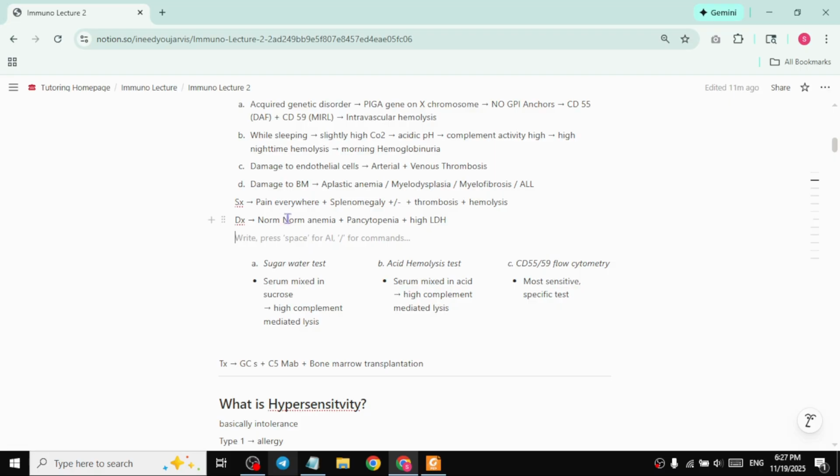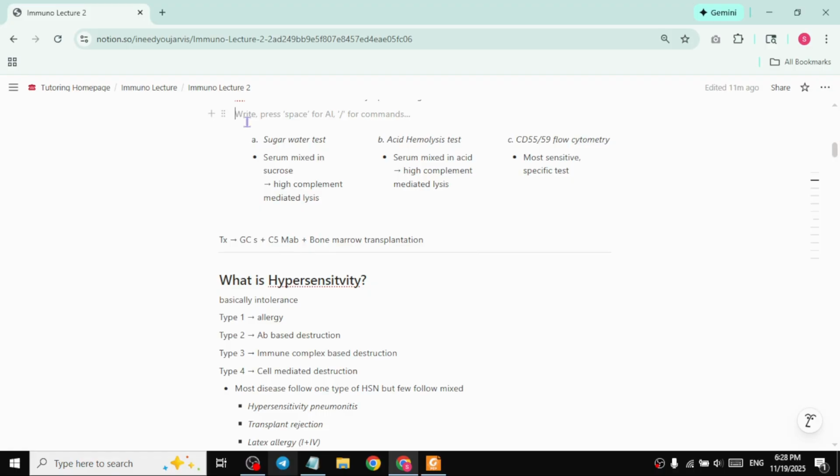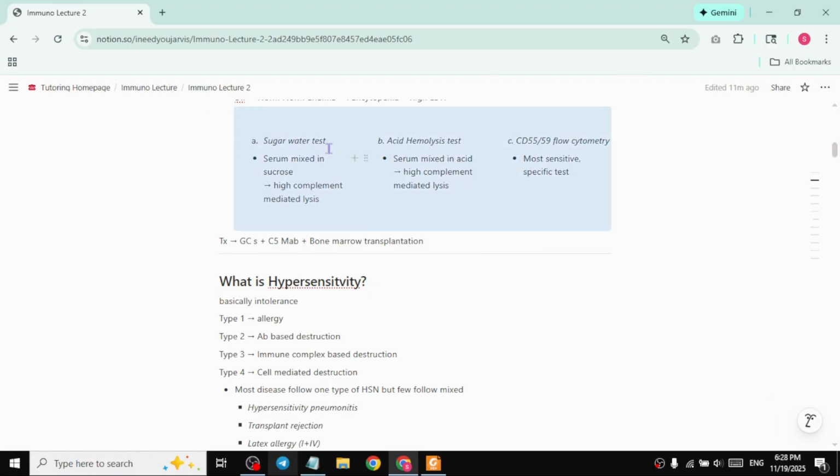Diagnosis, you see normocytic, normochromic anemia, right? Because overall, you're going to eventually start to damage all the blood cell lines, right? Pancytopenia and then high LDH, which just makes sense because you have intravascular problems. Now, what I want you to focus on, and the reason why I did this, is because of these tests, okay?